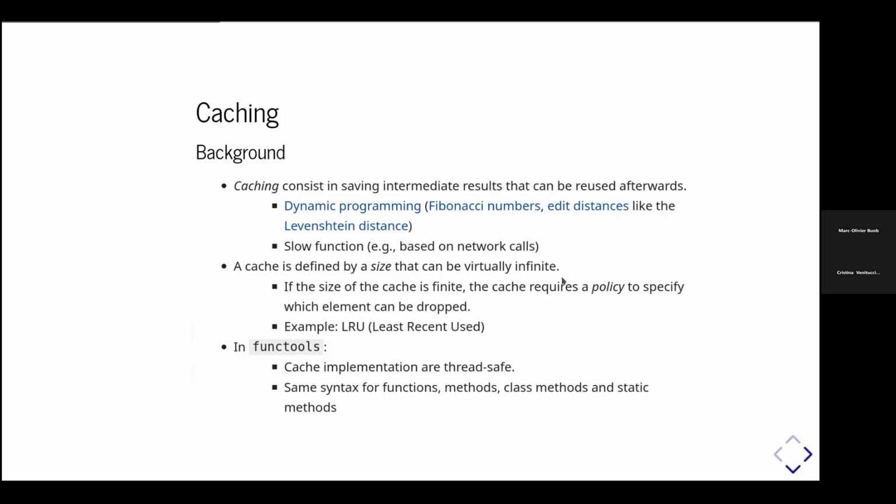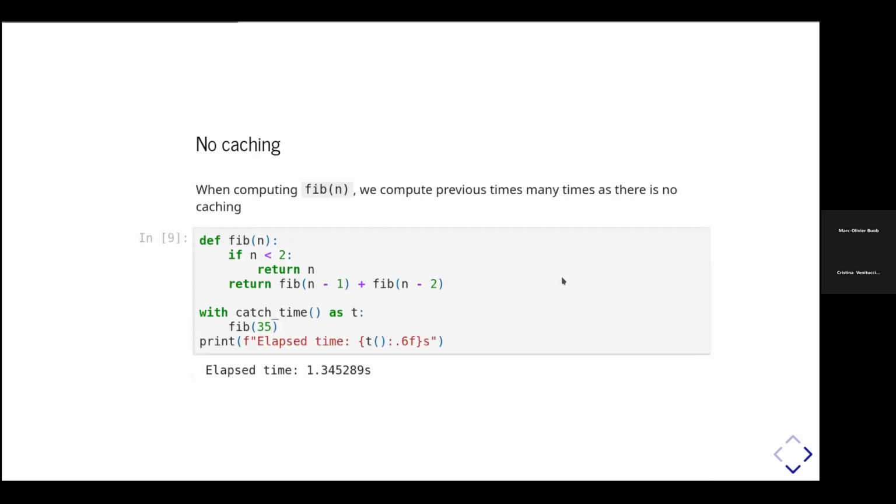So you have the normal cache, which is virtually of infinite size. This is the @cache decorator, and you also have an LRU cache, which is of fixed size, that you could also use.